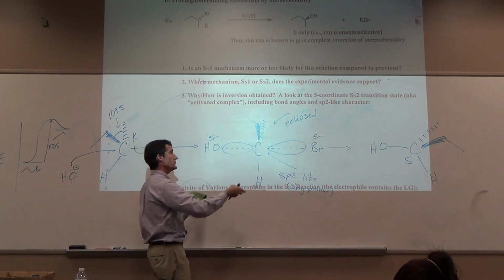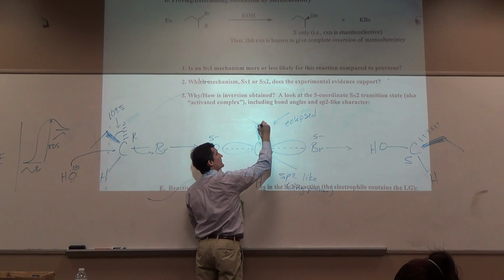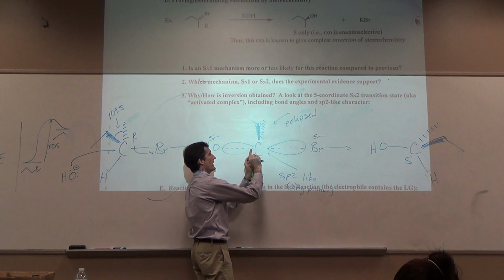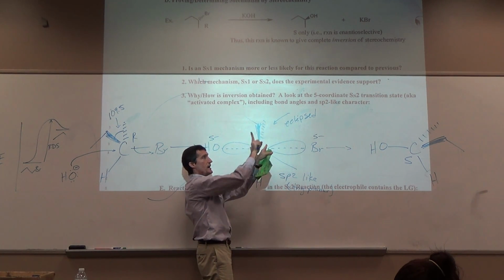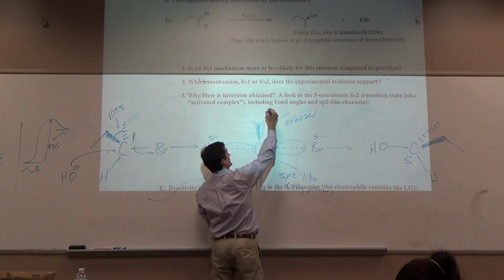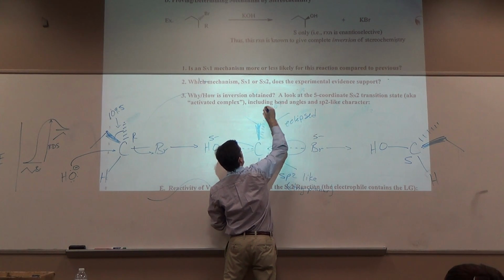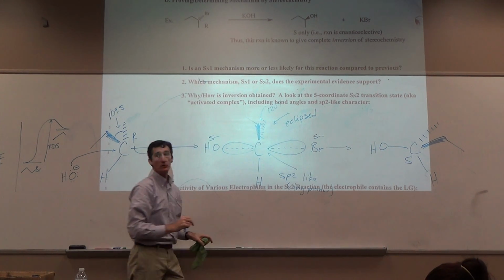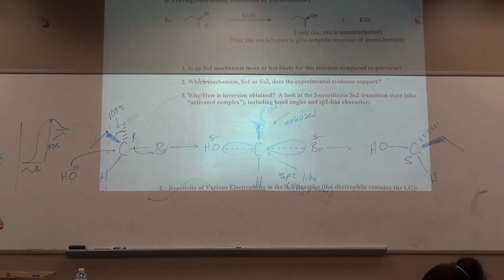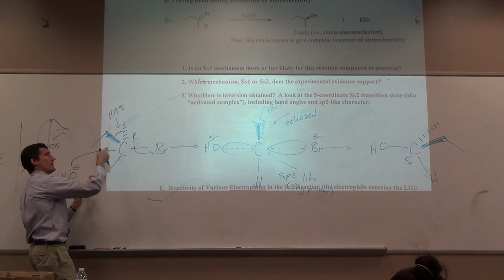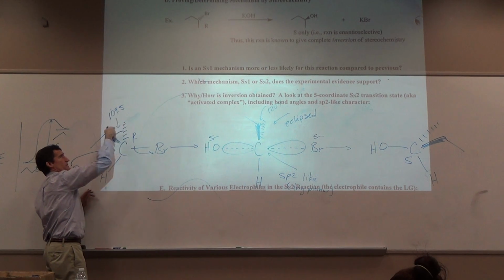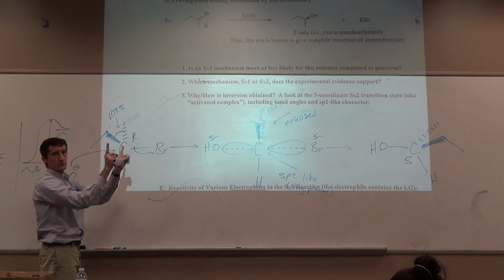109.5 bond angles. In the transition state, what's the bond angle? Okay, they're in front of each other, but there's still a bond angle between them. What is it? 120. Yeah, 120. Does sp2-like. That has consequences: maybe you have a substrate where these two cannot spread out to 120.